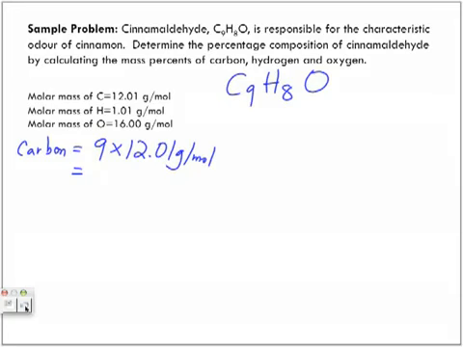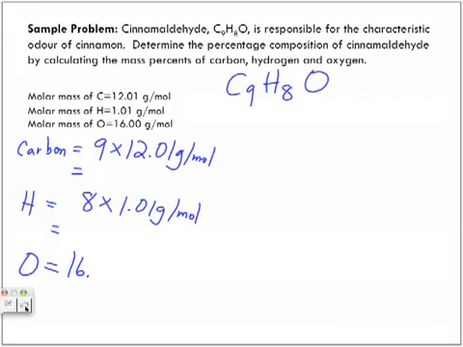Then we're going to do the same thing for hydrogen. And we have how many hydrogens? 8 times 1.01 grams per mole. And then we're going to find oxygen. And we have 1 oxygen, so that 1 oxygen is represented by 16.00 grams per mole.